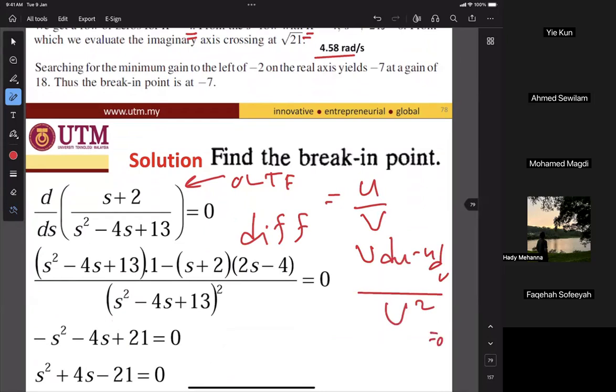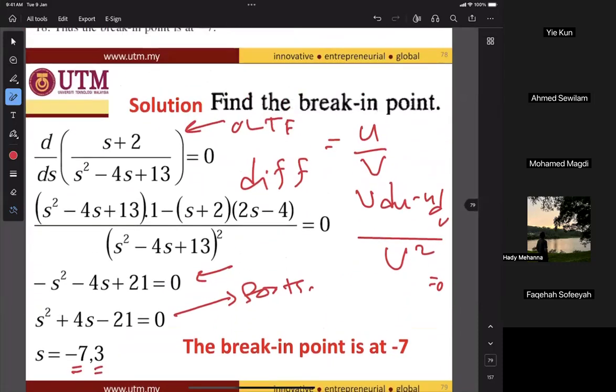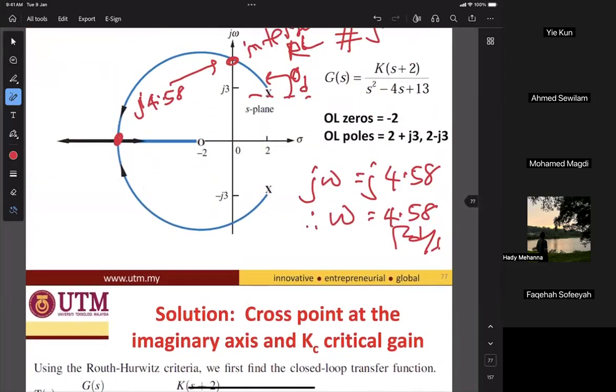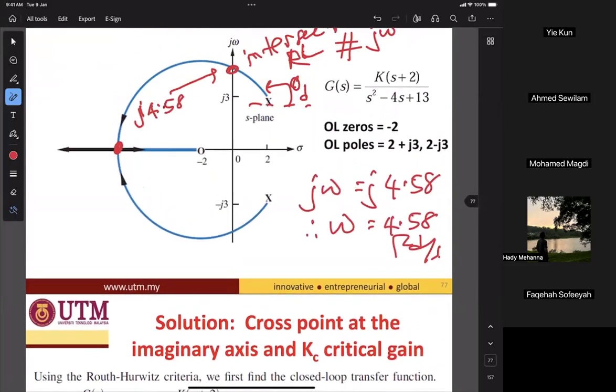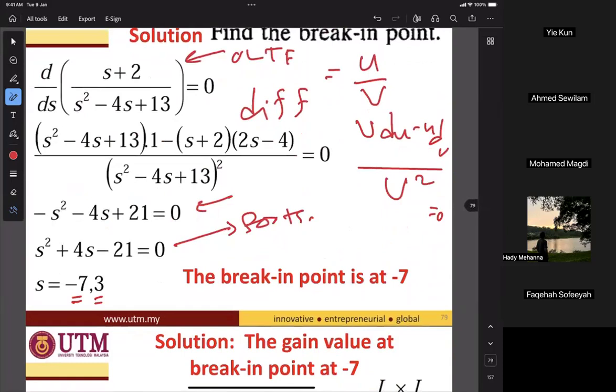So you get the quadratic equation simplified, and you find the roots. We have 2 values, -7 and +3. So which one is related? I don't think it's +3. It should be here, am I right? -7 is the break-in point. So +3 is not related, so we ignore this one.